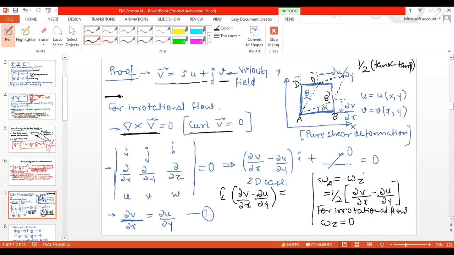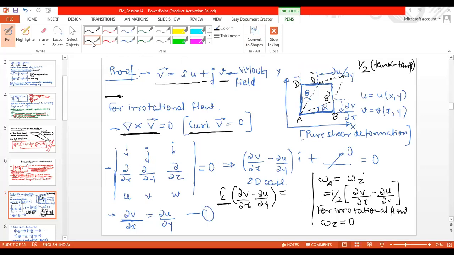Since we are interested in the rotation component, for irrotational flow the angular velocity of this element about point A is going to be 0, and we are interested in the Z axis. So we take the k cap term, and this should be equal to 0.